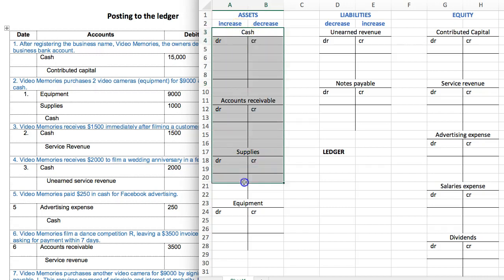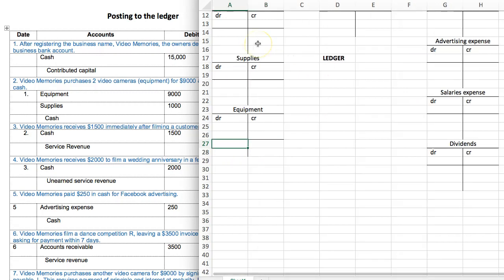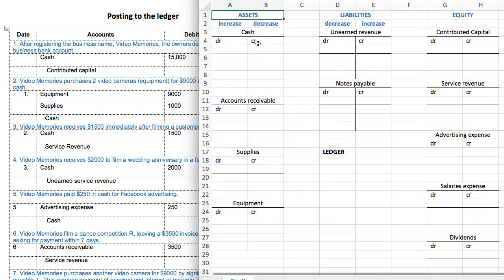When I do the ledger, I put all my assets together. And so here are the assets I need for this question. On the debit side, this will include all the increases in those assets, and then on the credit side, this will include all the decreases.